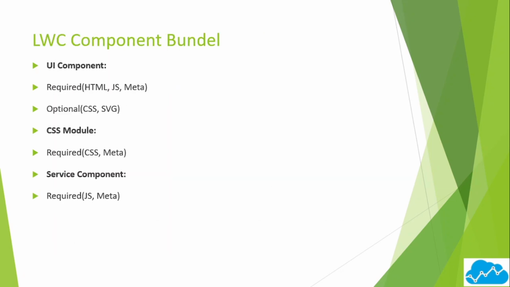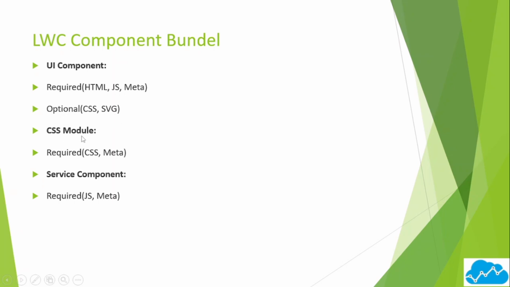LWC component bundle. There are three types of LWC component bundle. First one is the UI component, for user interface. Here the required files are HTML, JavaScript and meta.xml file, and the optional files are CSS file and SVG file.